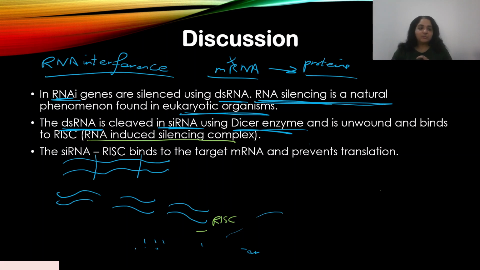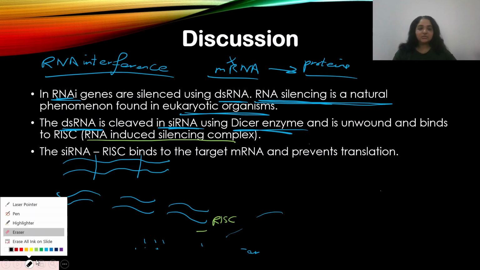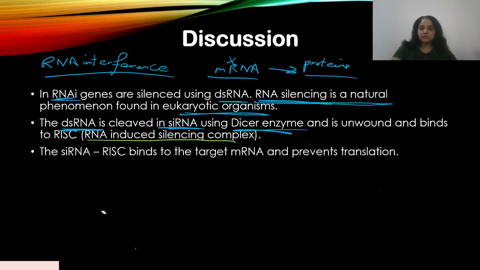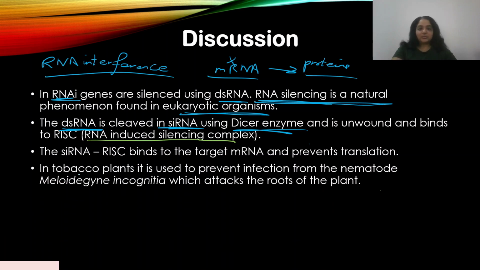To avoid the destruction of the roots of tobacco plants, they have used RNA interference in the nematodes to stop that translation from happening. So that is one of the applications. I'm just giving you an example of where it's actually used. So in tobacco plants, it is used to prevent infection from the nematode Meloidogyne incognita, which attacks the roots of the plant.